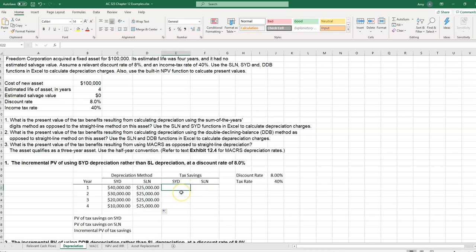Now we're going to look at the tax savings. So depreciation gives us a tax shield. Because we don't pay cash out, but we do save on our tax payment because of our depreciation expense. So now we're going to calculate what the tax shield is on our depreciation. So that is our depreciation expense times our tax rate.